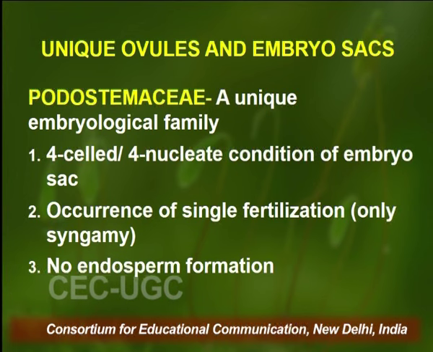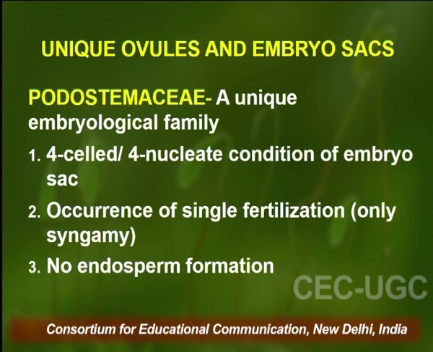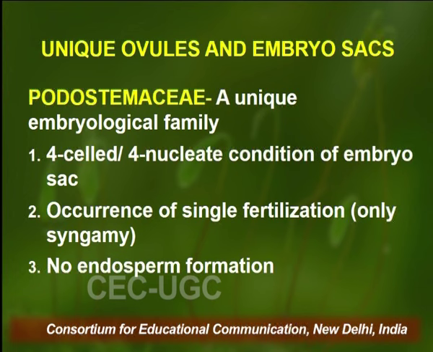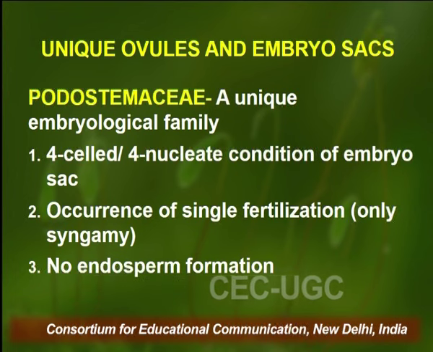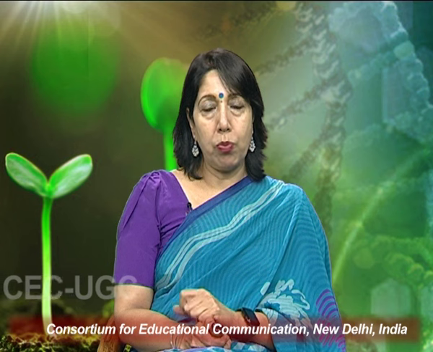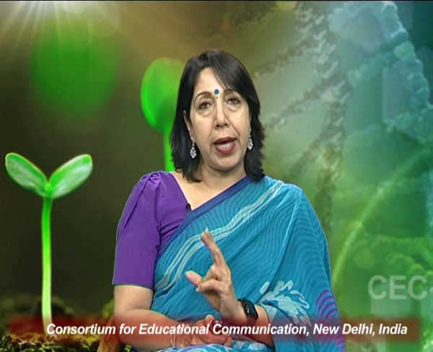We were talking about a typical embryo sac which is 7-celled and 8-nucleate. Here the embryo sac is 4-celled and 4-nucleate. There is occurrence of single fertilization, only syngamy. Now, this happens because the embryo sac is only four nucleate, it is 4 cells. 3 cells are the egg apparatus.